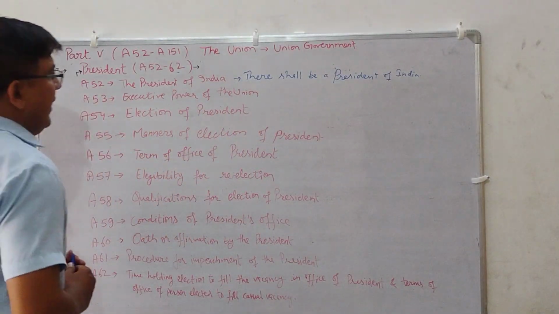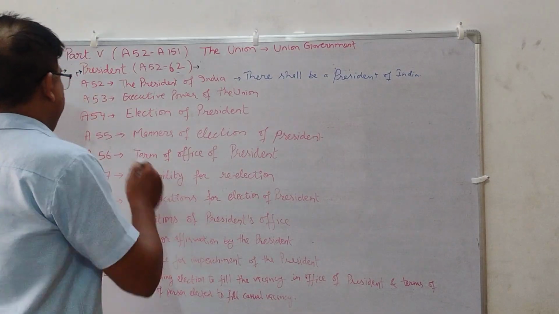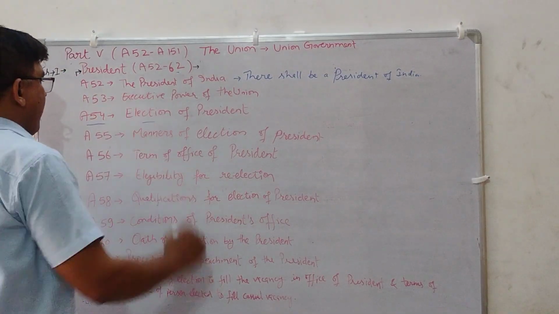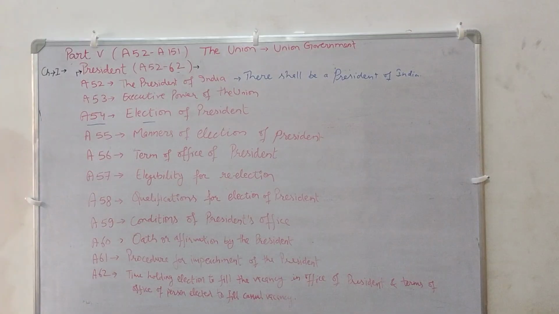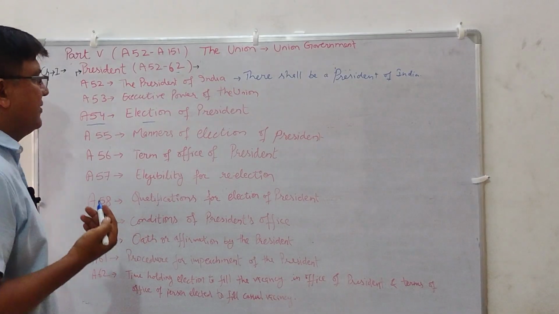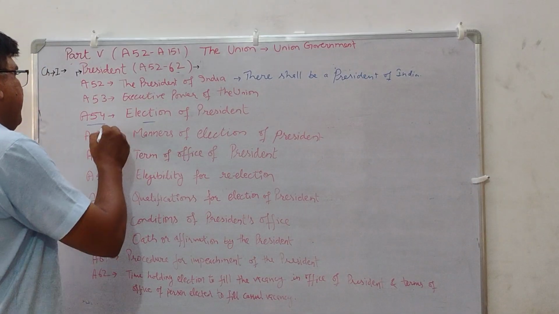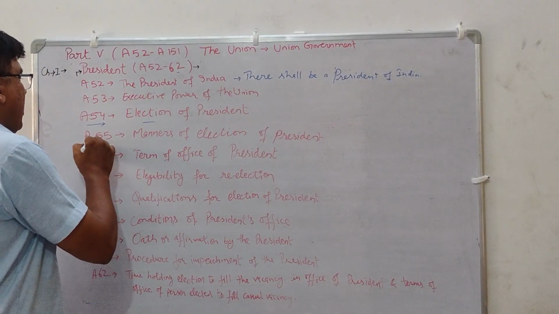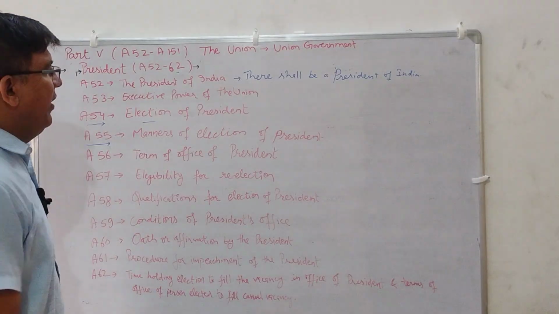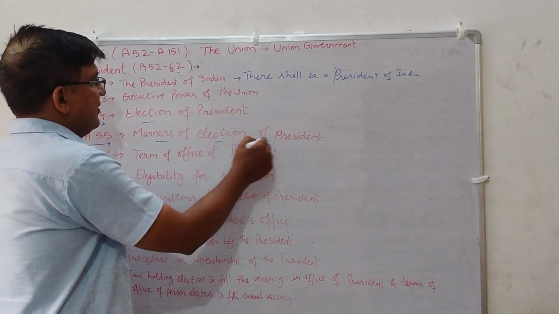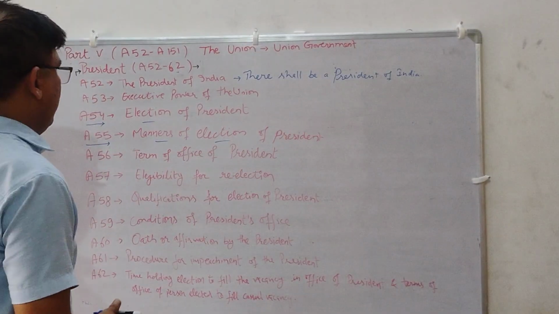Article 54, election of the President. We have already discussed the election, how the election is contested or completed. Article 55, manner of the election of President. I have already discussed.